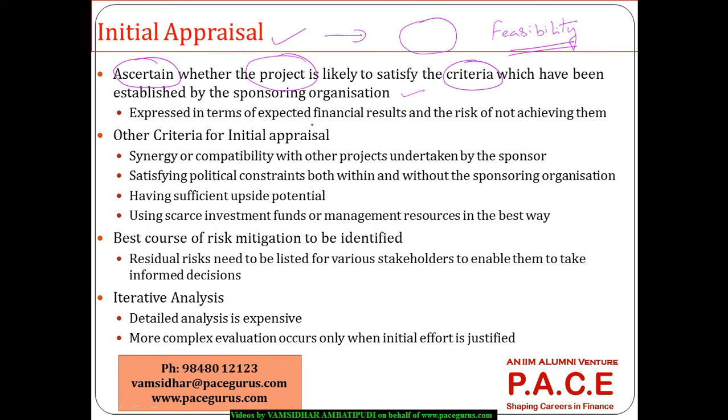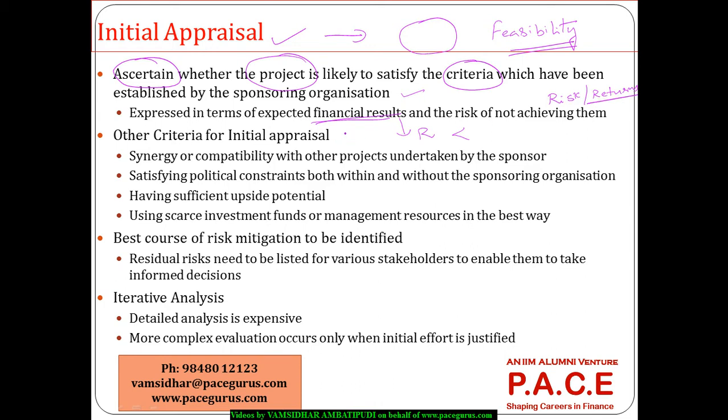All these criteria are generally expressed in the form of financial results, in terms of, okay, return should be greater than something, or the risk should be less than something. So it could be expressed purely in the form of risk and return, which is the pure financial terms for it.